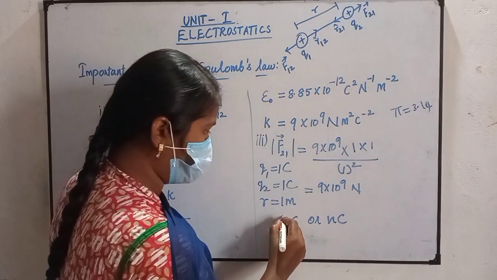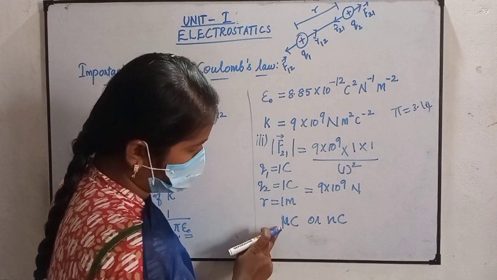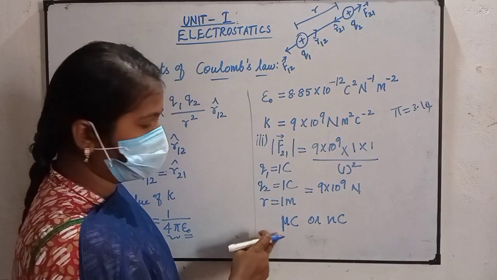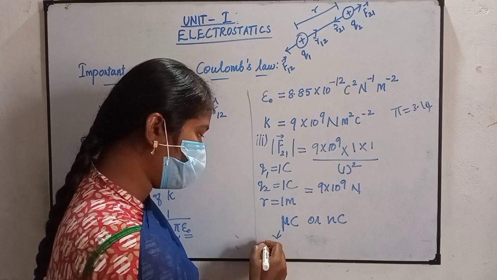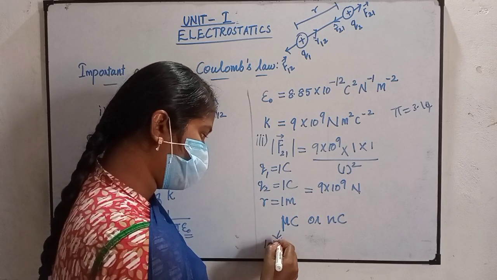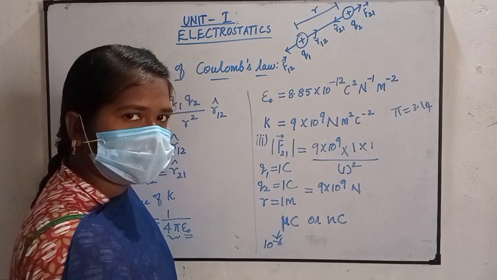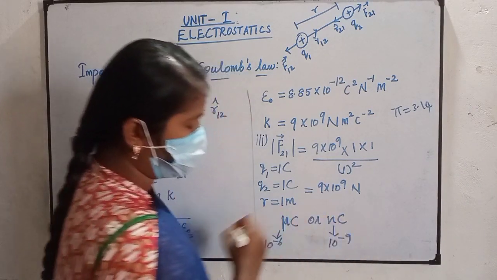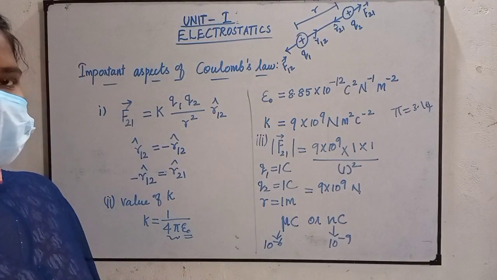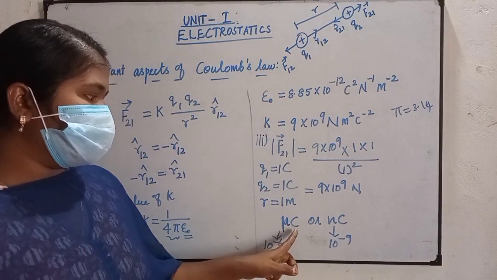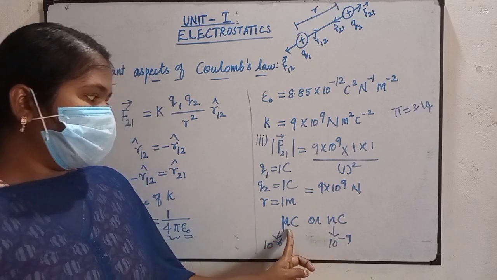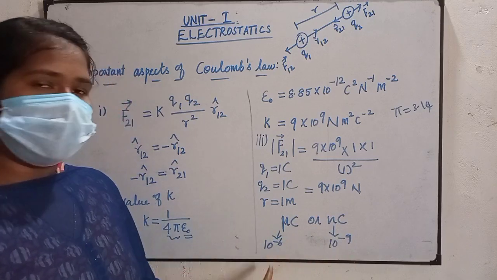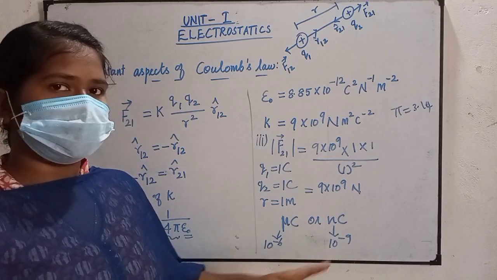The symbols are mu C and n C. Micro is defined as 10 to the power minus 6, and nano is 10 to the power minus 9. Mu means micro coulomb, n means nano coulomb.